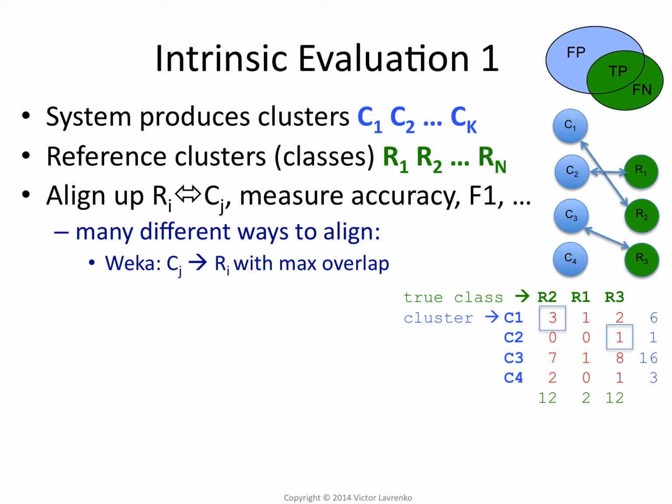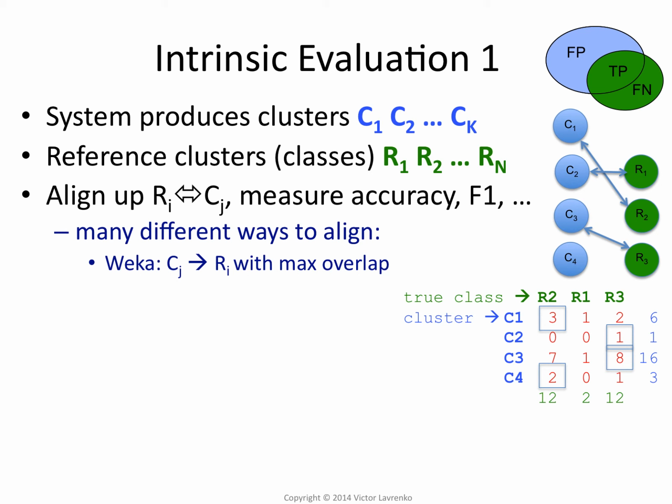C2 has the highest overlap with class 3. C3 also has the highest overlap with class 3, so it would initially assign C3 to R3. And then C4 has the highest overlap with class 2. So that's the initial assignment. Now what it does then is it reassigns them to avoid multiple assignments.